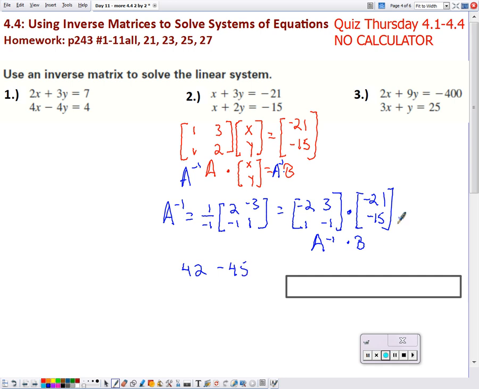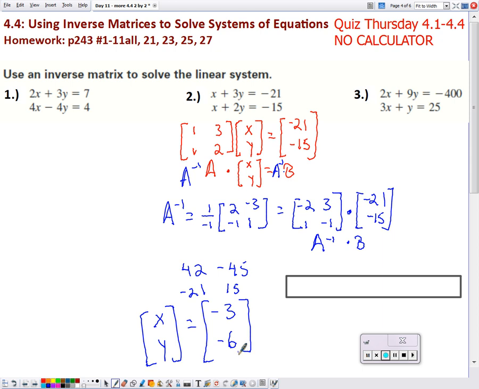That means that x is negative 3. So now I'm going to do 1 times negative 21. Well, that's negative 21. I'm going to do negative 1 times negative 15, which is positive 15. When I add those together, I get negative 6. So that means x is negative 3 and y is negative 6.